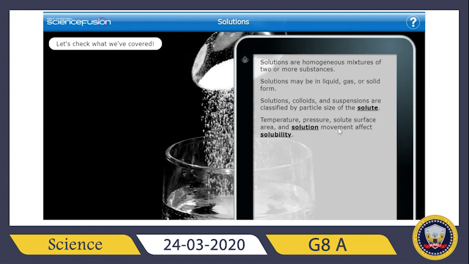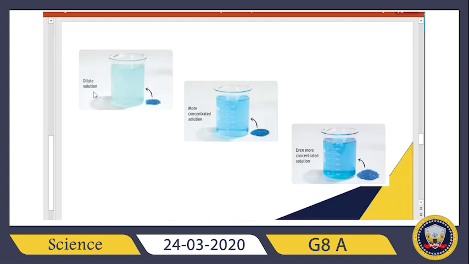We have something called solute and solvent. We have something called solubility, and we learned about the concentration of the solution, don't forget. And we learned different concentrations like dilute solution, concentrated solution, and saturated solution.